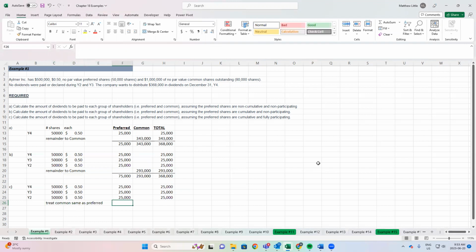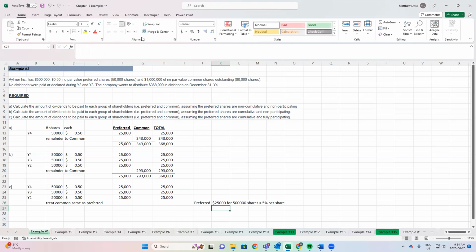In this case, the preferred received $25,000 on 500,000 shares. So that is 5% per share.